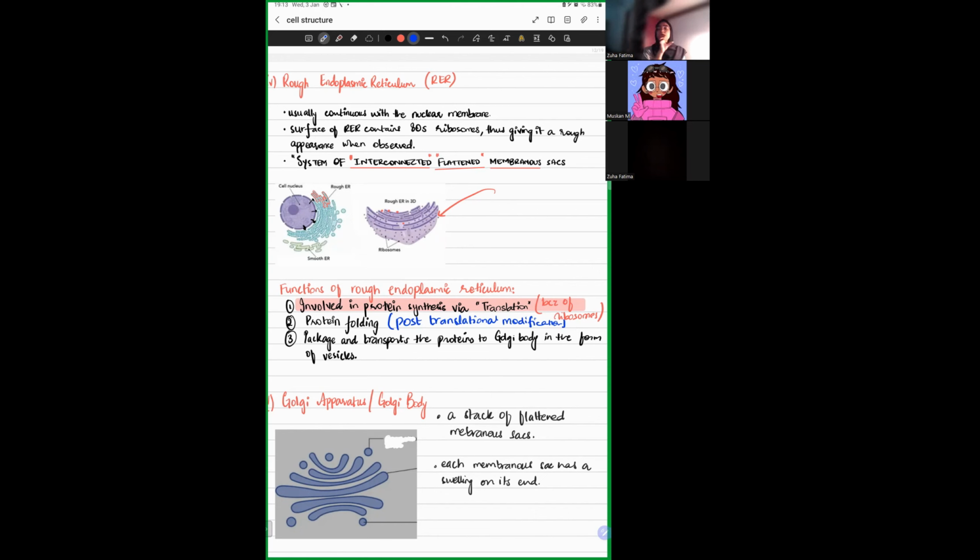This is the process of protein folding and post-translational modification. Once we have our protein ready, the RER packages these proteins into small vesicles, and these vesicles are then transported to another cell organelle near the rough endoplasmic reticulum, called the Golgi apparatus or the Golgi body.